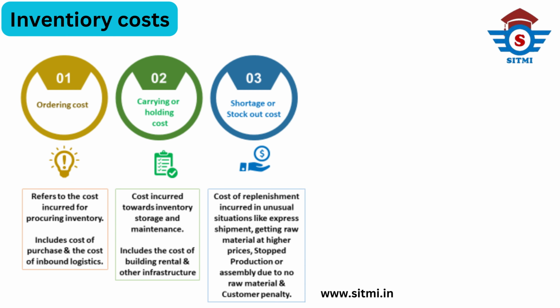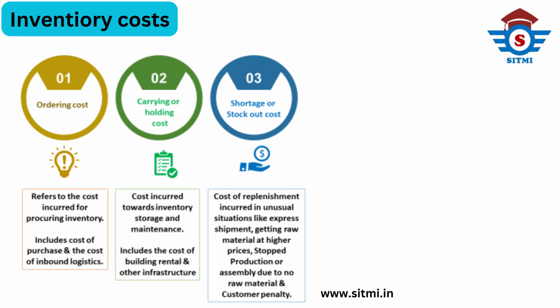The third cost is shortage cost, also referred to as stockout cost. This is basically a cost of replenishment that is incurred in unusual situations, like when there is no raw material, so a purchasing person takes material from a supplier through express shipment, or takes raw material at higher prices from another supplier.